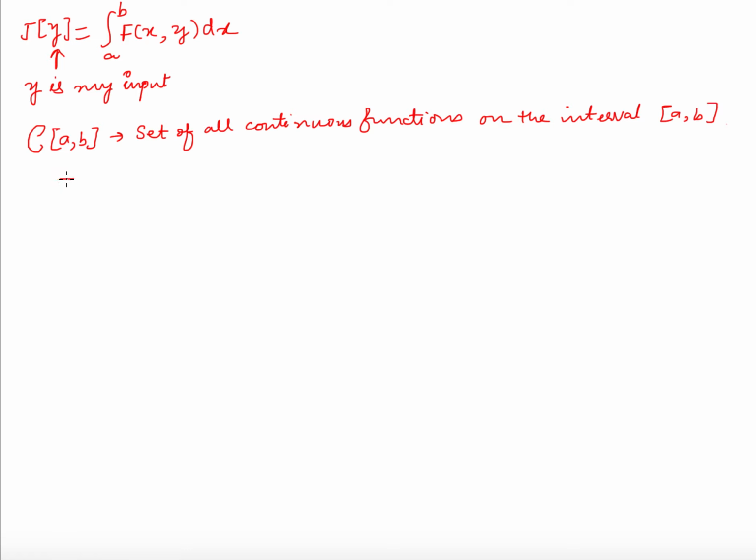I can define an operation plus and dot like this. Plus is simple. For example, you know x squared plus 5 is a continuous function. x plus 2 is a continuous function. So plus is simply the addition of two functions. You know how to add two numbers. So this is x squared plus x plus 7. So this addition is normal addition of functions.